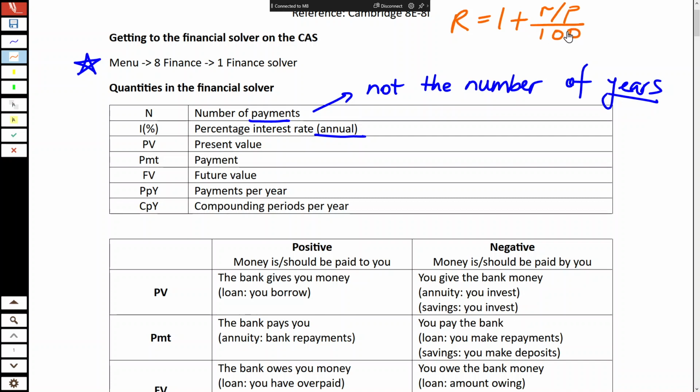What's that divided by P about? It's compounding. How many times it compounds within a year. So even without the P, it can still be compound interest. But with higher values of P, like 365 for daily, 52 for weekly, 26 for fortnightly, it means you're compounding more often.